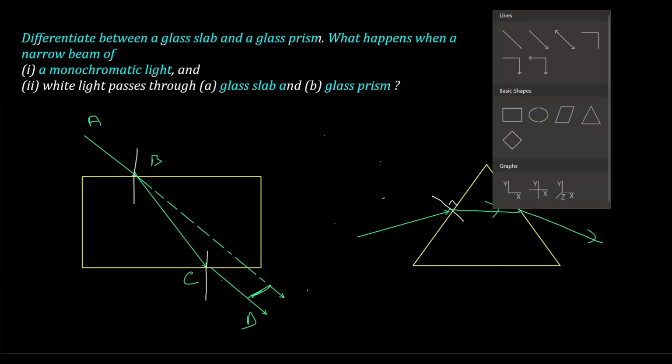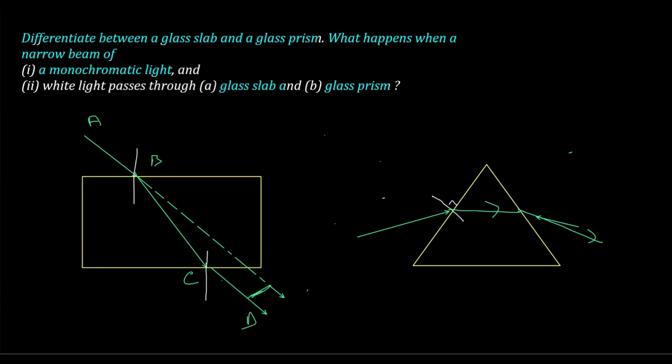Now, if I produce this emergent ray backward in this direction and the incident ray forward, these are produced rays, so they are going to be dotted. What you can figure out is that these rays meet and make an angle.